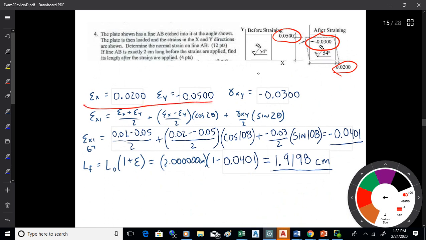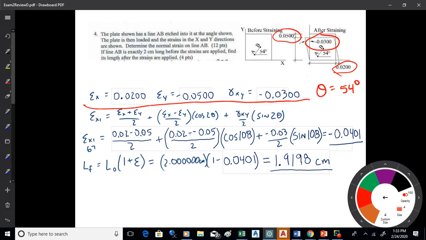All right, we just do this the same way, it's a biaxial problem. We're going to do it with strain. Unfortunately, with strain, the angle is measured from the horizontal, unlike stress. Stress from the vertical, strain from the horizontal. When you run those numbers with the biaxial strain, I'm getting negative 0.0401.